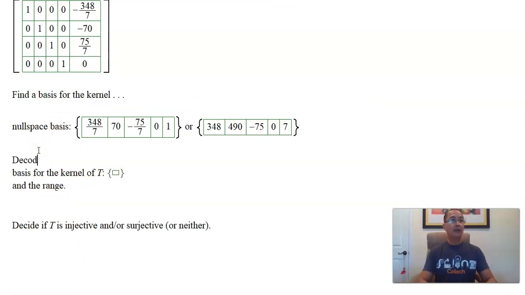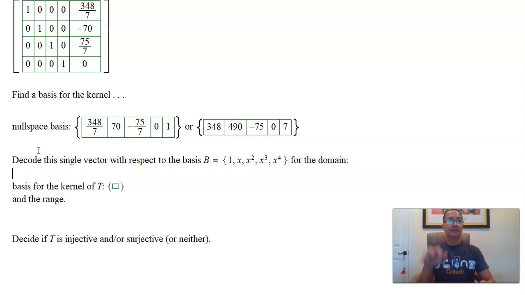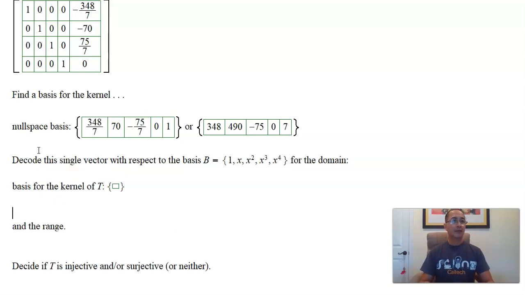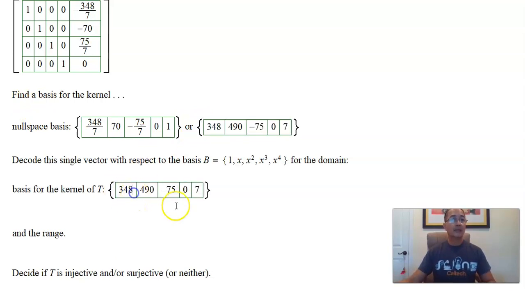So decode the single vector with respect to the basis B for the domain. So the basis for the kernel would be these numbers, but written as a polynomial. So 348 plus 490x minus 75x squared.